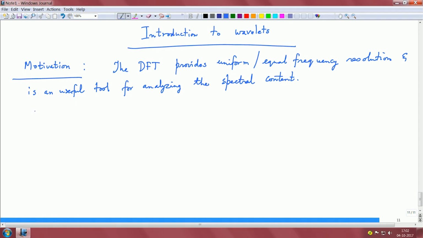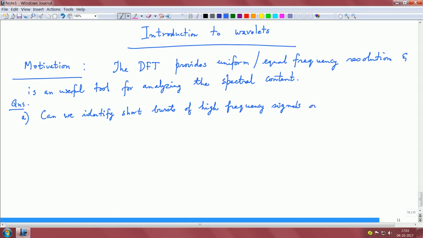Some questions come about in practice, and one of them is, can we identify short bursts of high frequency signals that are riding over low frequency signals.